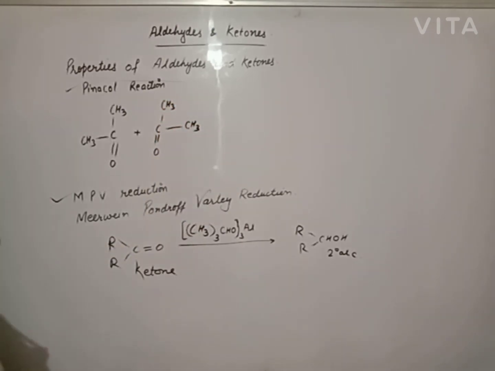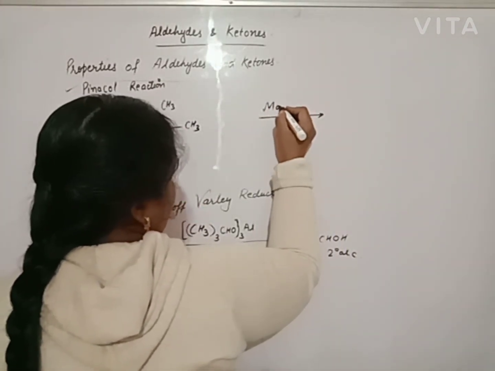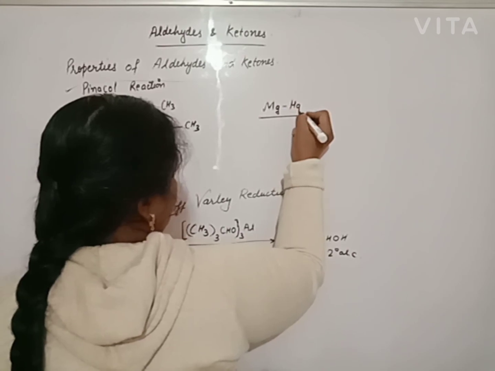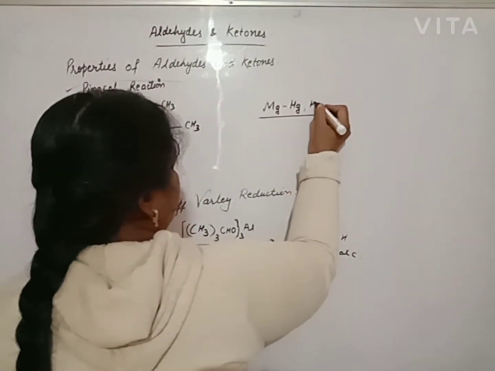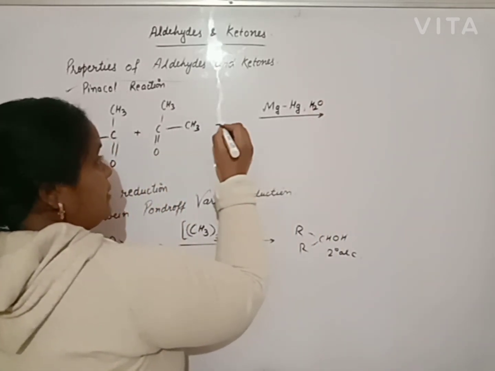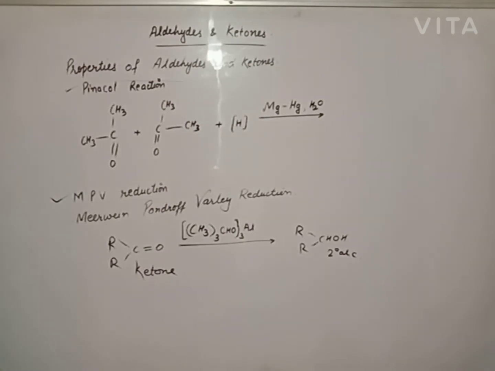These 2 moles of symmetrical ketone are reduced with magnesium amalgam in water. Beta, magnesium amalgam in water produces hydrogen as much as required.